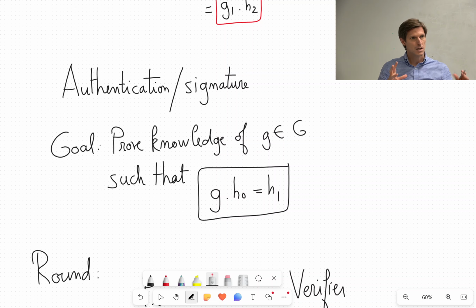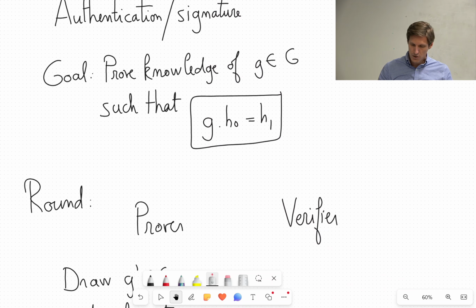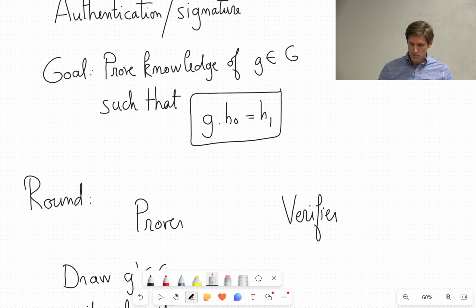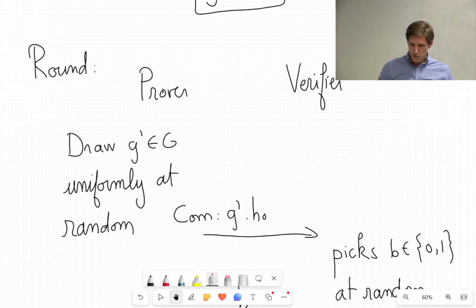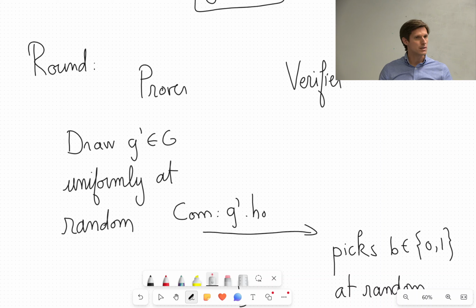So we repeat a round where a dishonest prover has a 50% chance of passing, and then it's repeated sufficiently many times in order to make it impossible for the dishonest prover to succeed. The way it works here, if you're the prover, you first generate a random element G' in G. And you send what's typically called, in these kinds of protocols, your commitment.